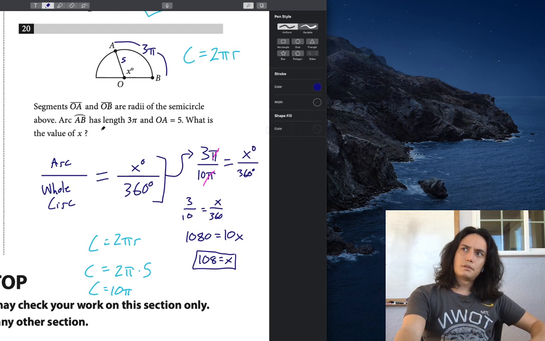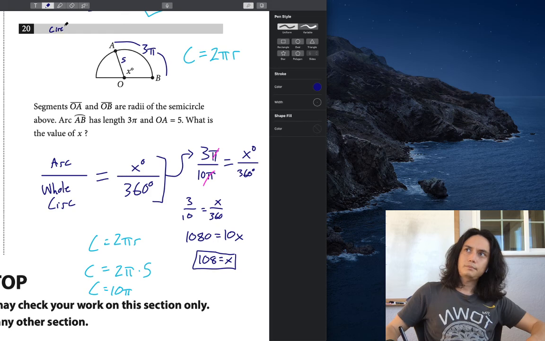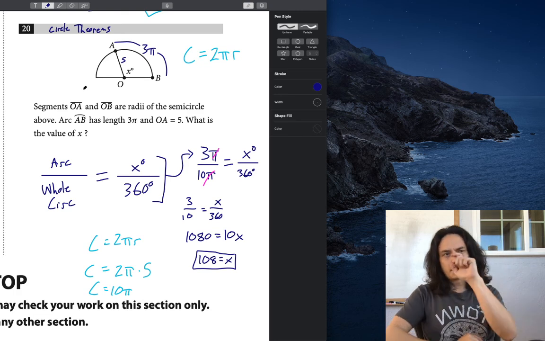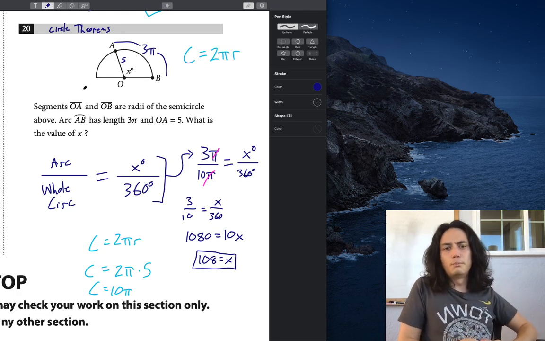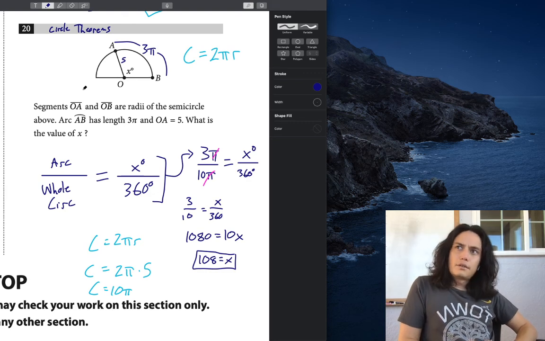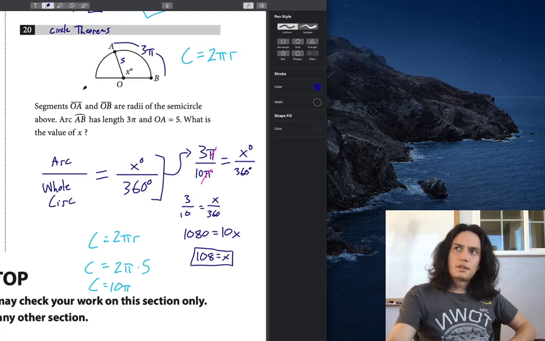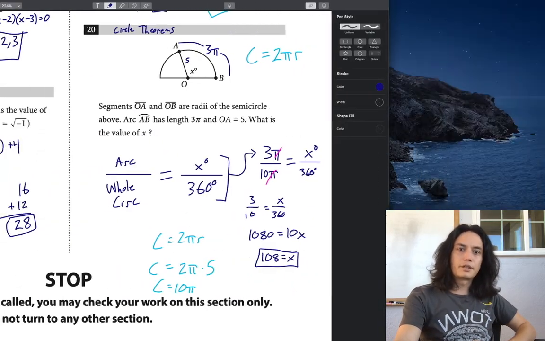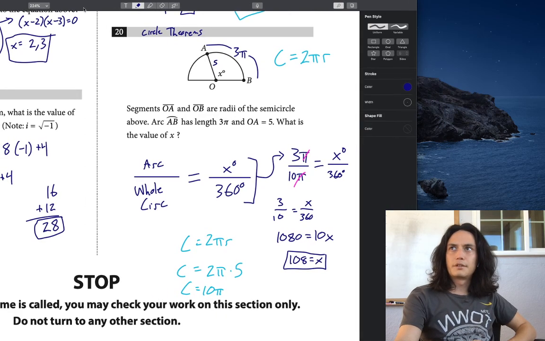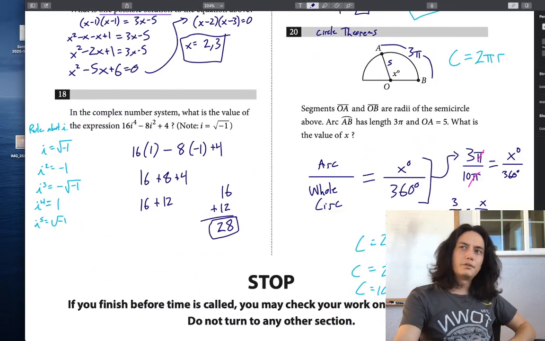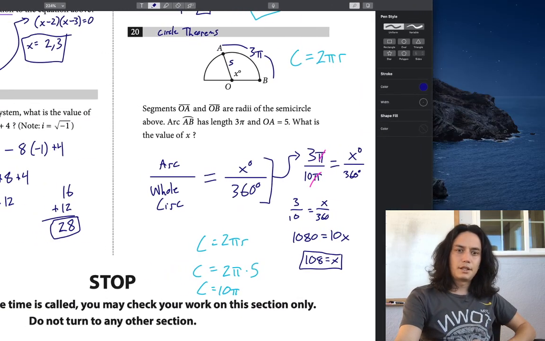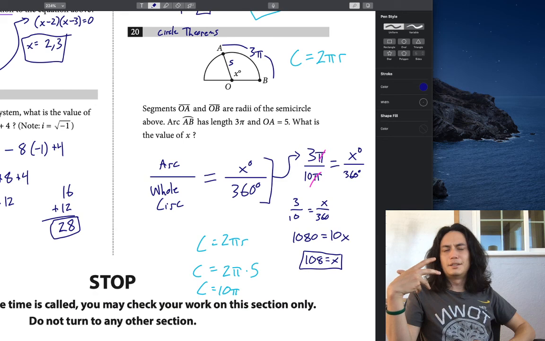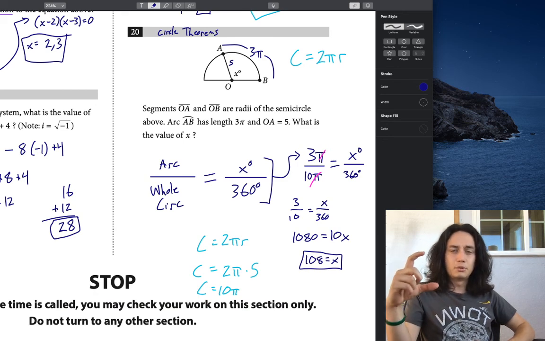Yeah, I would say that for these types of questions, which for reference, this is a circle theorems question, they're kind of rare. I wouldn't say they're that rare, but there's usually like 2 max per SAT. Kind of like complex numbers questions, they tend to test a small number of predictable rules.